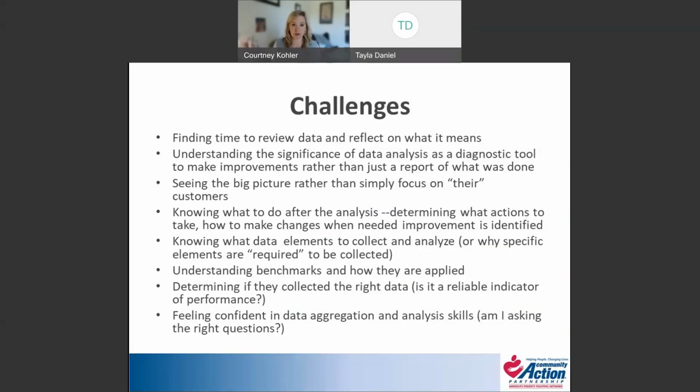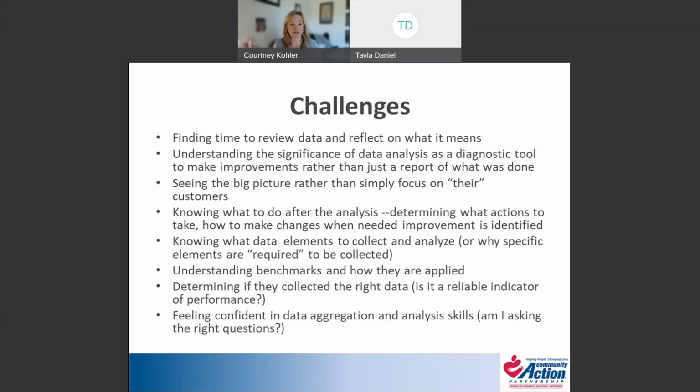And then we're often moving on to the next thing because there is a lot to do. And so making sure that we are taking that moment to step back and understand the significance of the data analysis that can have that trickle effect over time as well. And then also, again, taking that time and that mindset to really see the big picture.